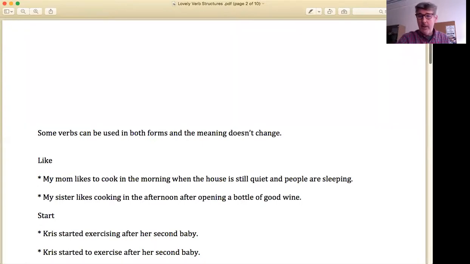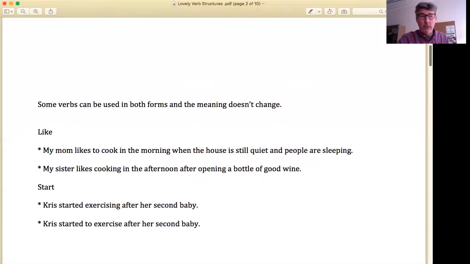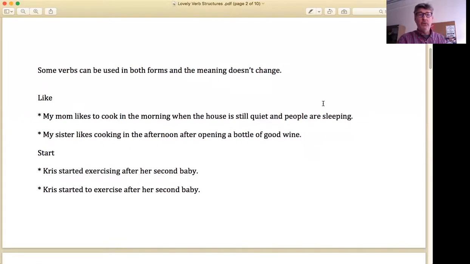Now, unfortunately, and you probably know this intuitively, some verbs can use both forms and the meaning doesn't change. That's quite simple. One of these verbs is like. You can say, my mom likes to cook, or my mom likes cooking. Either structure is okay, and the meaning of the sentence doesn't really change. Start is another one.